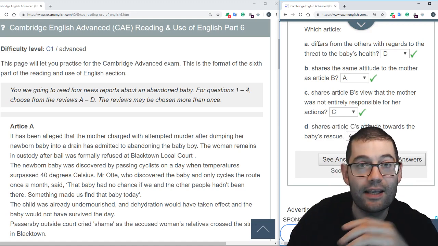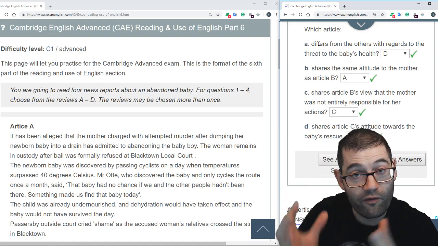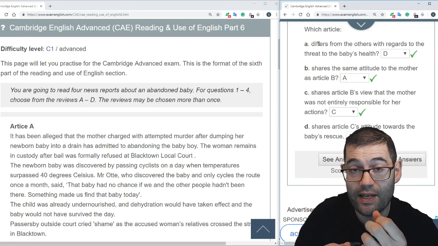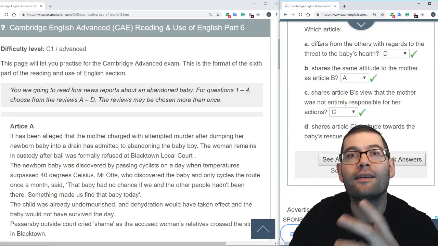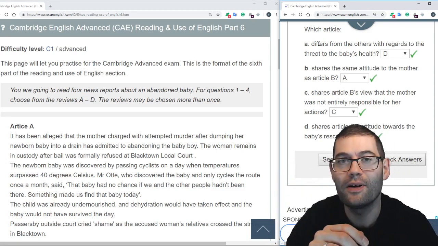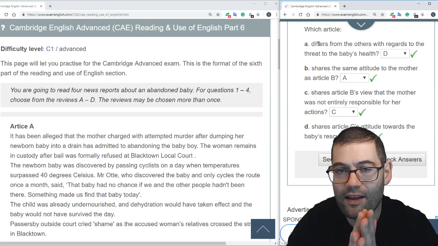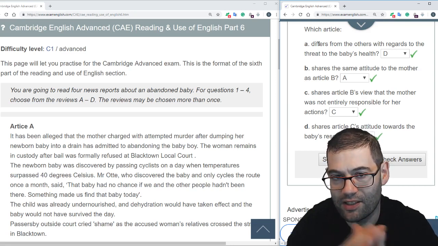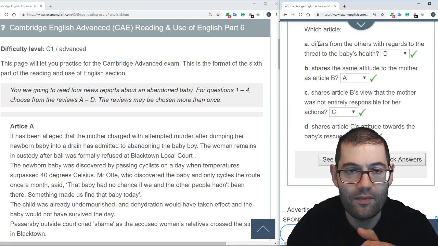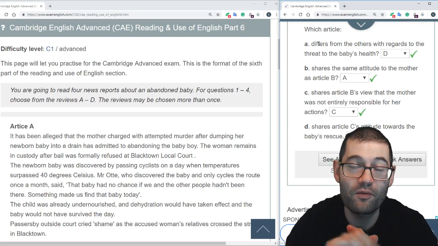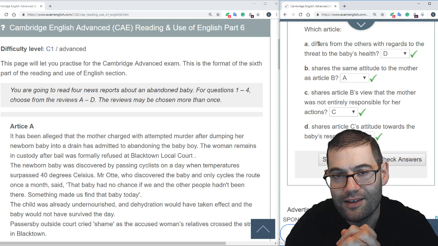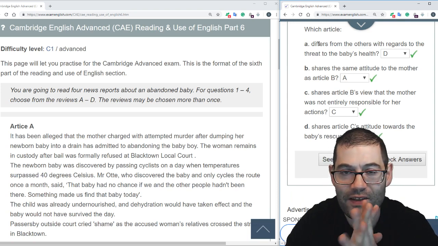A, on the other hand, is a harder one because you've got to take all 4 into account in terms of your analysis. So I would start off with the easier ones and then deal with the more difficult ones. But the only thing I can say is get as much practice as you can with Part 6. It is really something that you just need to practice, and with a wing and a prayer and a bit of luck, you might get a good score out of this.